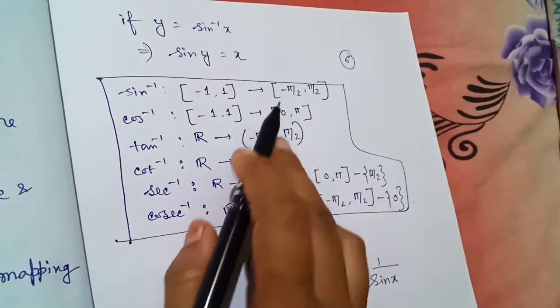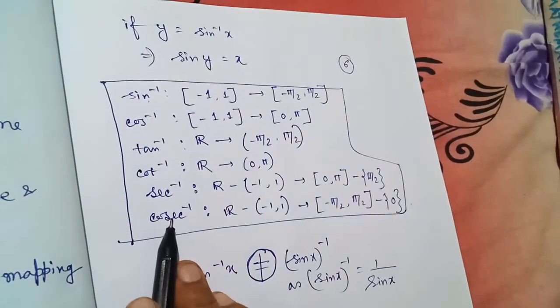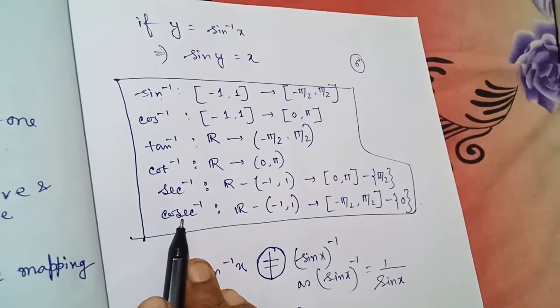Okay, now the values. You have got all principal value branches for all 6 inverse trigonometric functions.